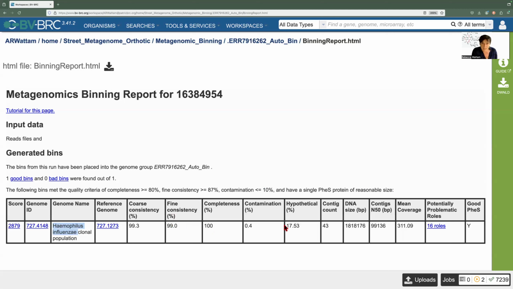Now, I don't want to go into the details of the mathematical formulations underneath those, but if the genome is sufficiently complete, above 80%, we've got a good genome. If it's contaminated less than 10%, we have a good genome. So far, everything's good.